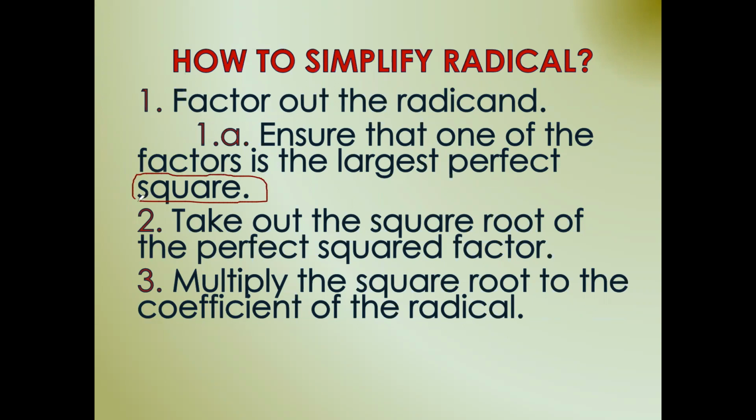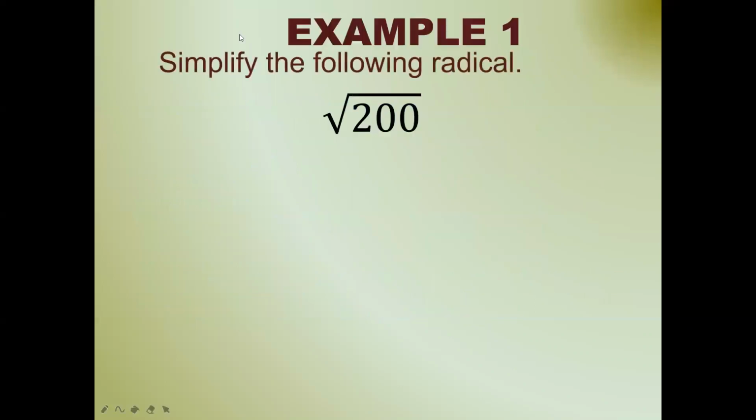Maraming factors minsan, so we have to choose na dapat isang factor doon ay largest perfect square. After that, take out the square root of the perfect square factor. Then, if there is a coefficient, multiply the square root to the coefficient of the radical.